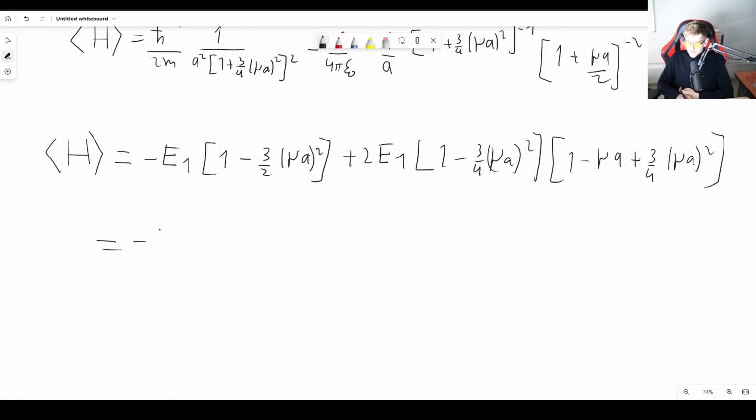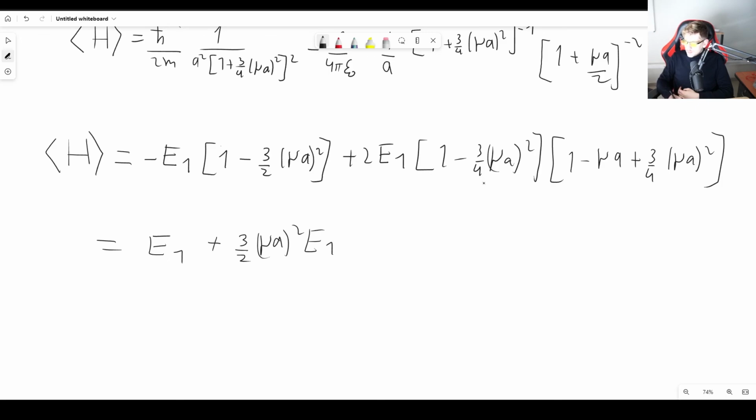So minus E1 plus 3 halves mu a squared times E1, of course. And then here we have plus 2 times E1. So when we combine that with this part, it becomes positive. So well, I guess I could have just deleted the minus sign.